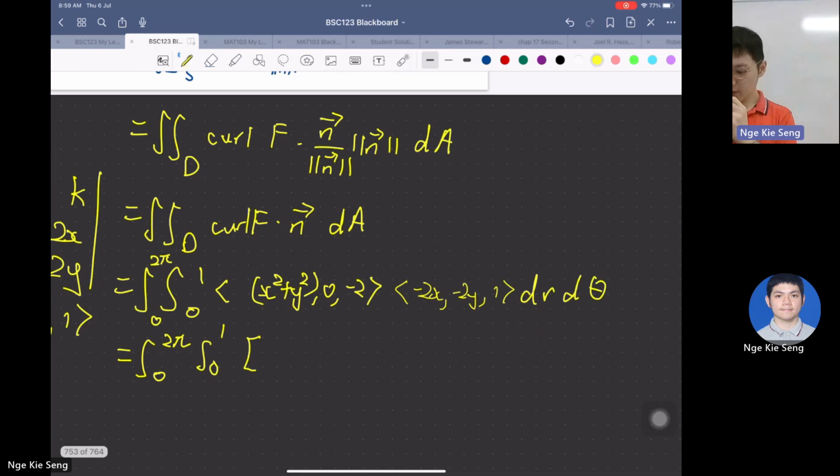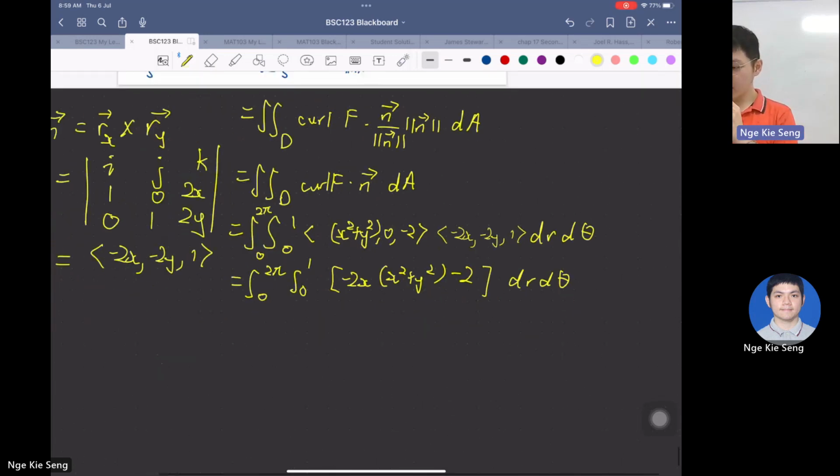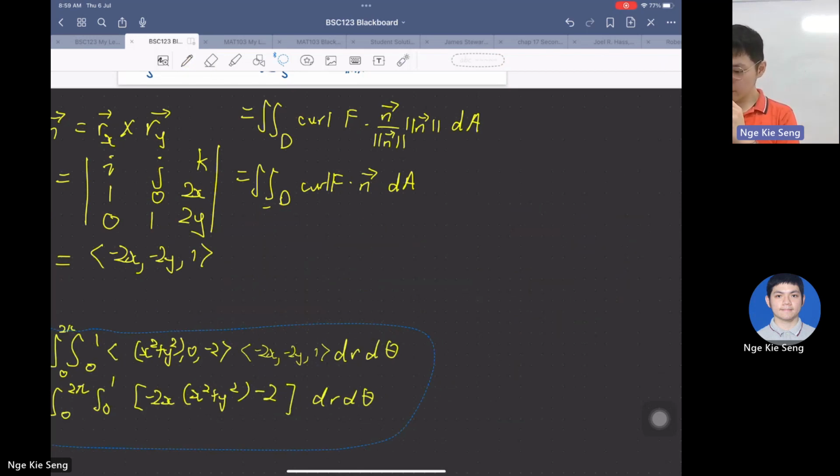So if you multiply first, what do you get? You get this. If you are not happy with this, you don't decide your variable first.